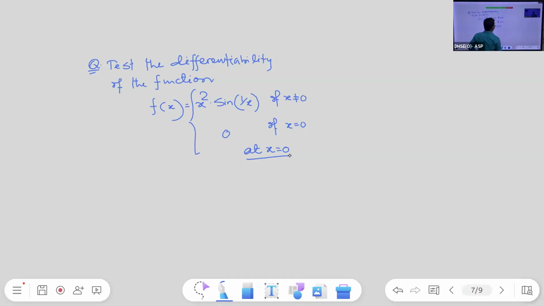Tell me whether the given function is differentiable or not differentiable. First calculate the left hand derivative, then the right hand derivative, then check whether they are equal or unequal.